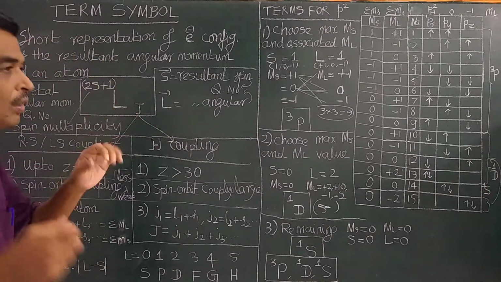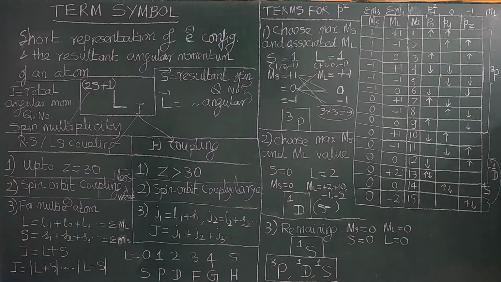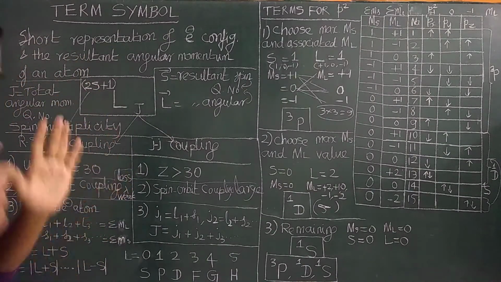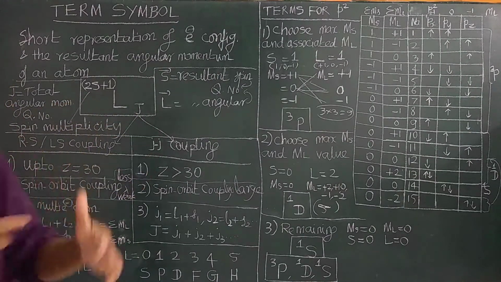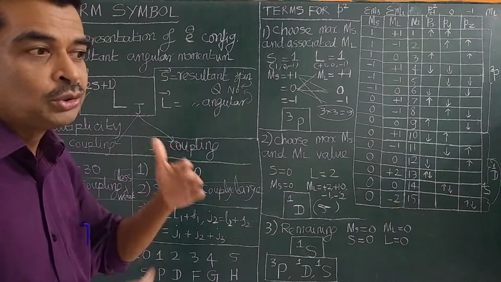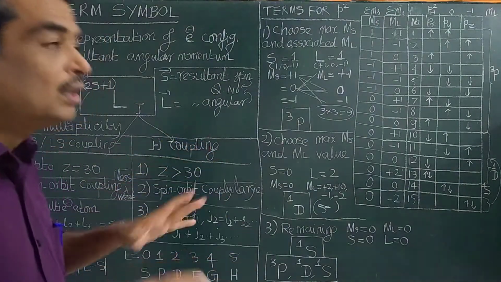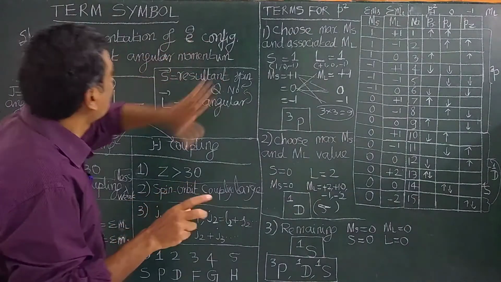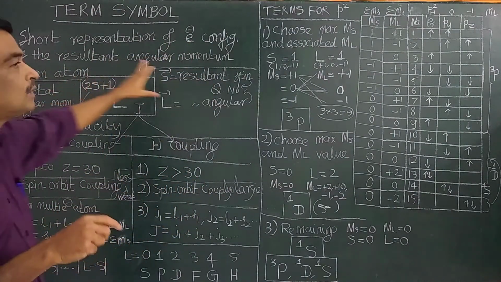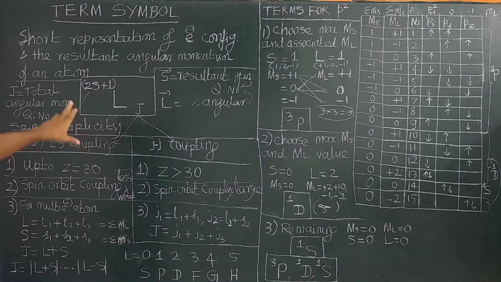Now we will see what term symbols are. Term symbols are nothing but a short representation of the electronic configuration of an atom. For example, for carbon, 1s2, 2s2, 2p2 is long. Instead of that, the term symbol is the shortest representation of the electronic configuration and the resultant angular momentum of an atom.